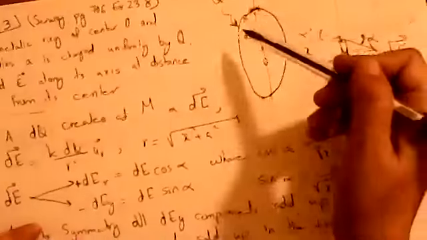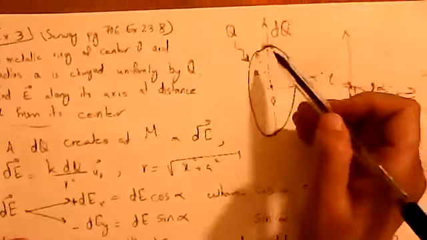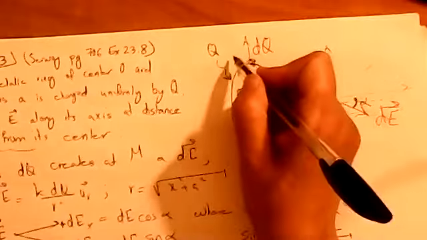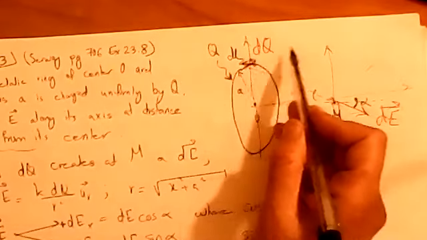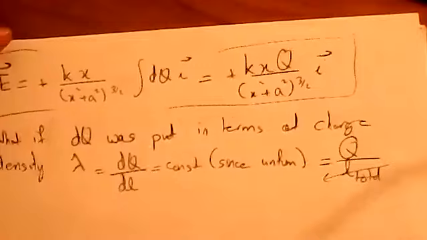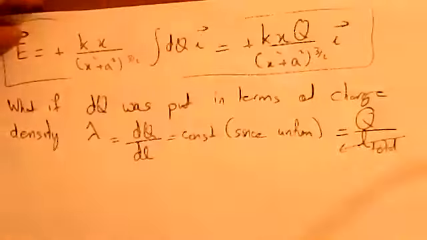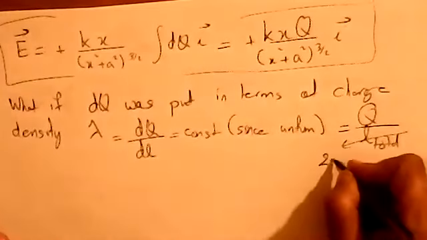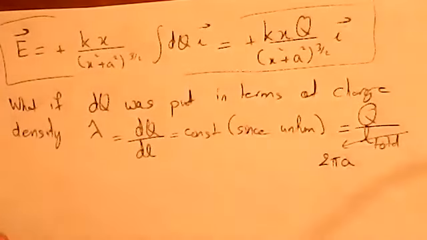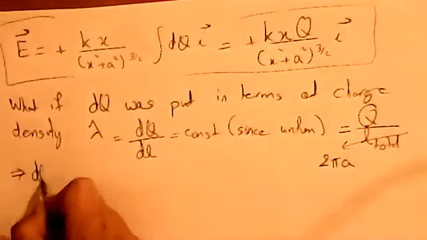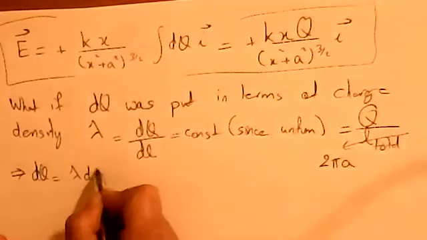The dq we took is of length dl. For the total length, it's the circumference of a circle of radius a, so the total length is 2 pi a. So if I put it this way, dq equals lambda dl.